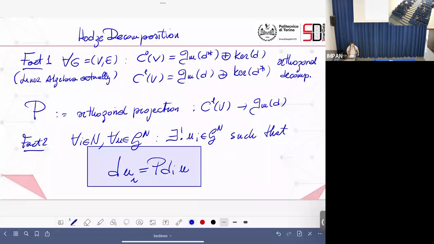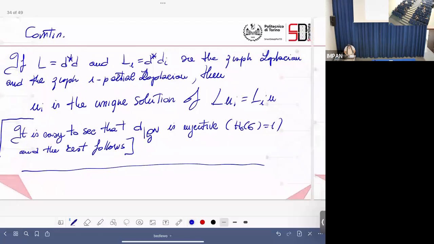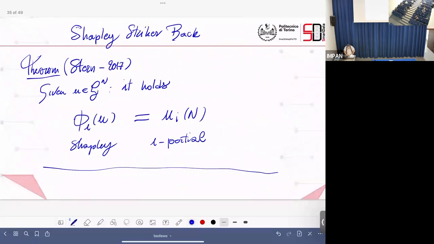So it's done. Okay. So with this in mind, we have this. And this is the candidate, in the sense that there is a unique solution for the reason that I have said. And it turns out, this is the point, that the Shapley value is exactly this u_i's nth component.